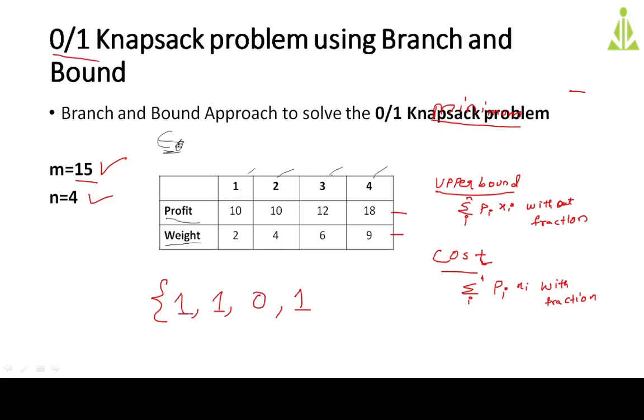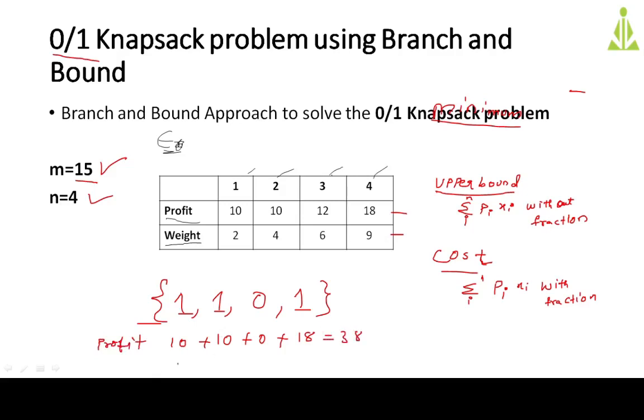Here 1 represents that the item is added in the bag, and 0 represents that the item is not added in the bag. So when we check this, 10 plus 10 plus 0 plus 18 is the profit, and we got the profit 38.